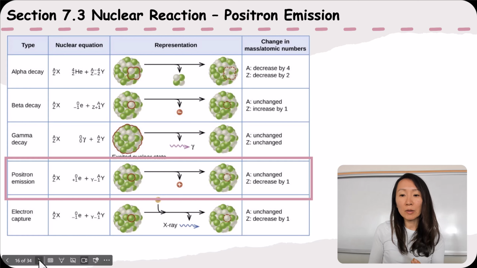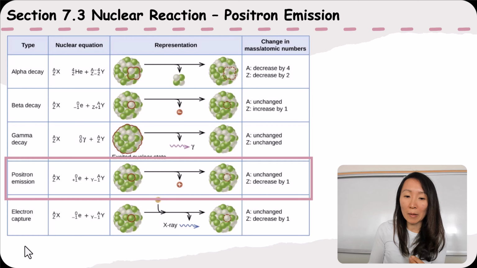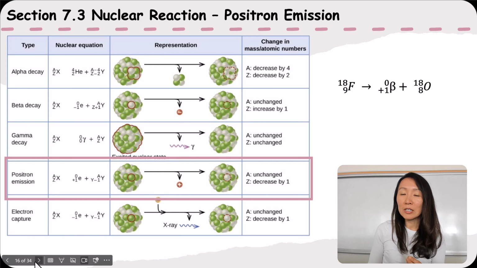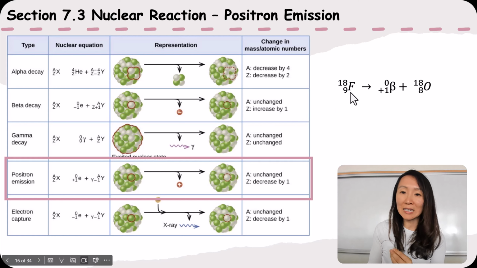In positron emission, there is a change within the nucleus where a proton will change so that it becomes a neutron. As it's doing that, a positively charged particle, also known as the positron, will come out. You can denote it with this example, the fluorine 18 isotope.